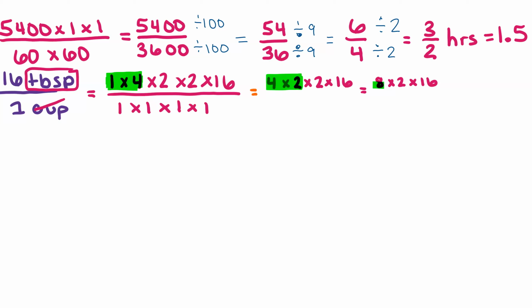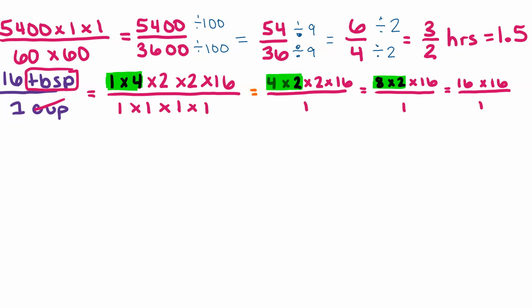Then 8 times 2 is 16 times 16. So I just went from left to right, and now I'm at 16 times 16, and that's not something from my multiplication table, so I may need to write that out. Now I will, but let me just mention on bottom, 1 times 1 times 1 times 1 is just 1.